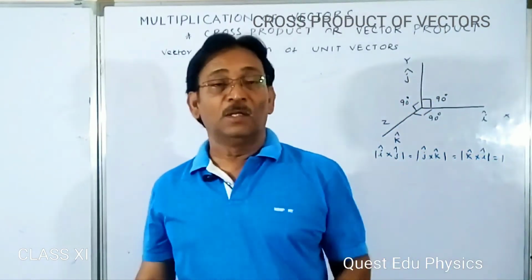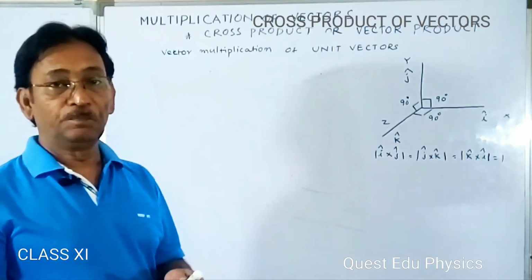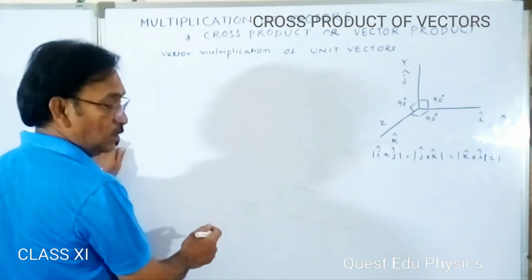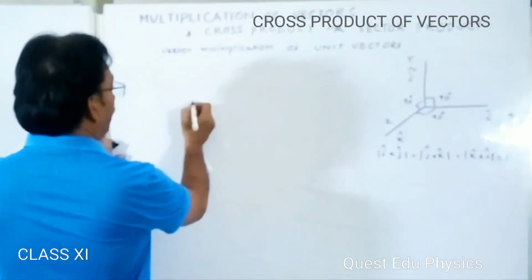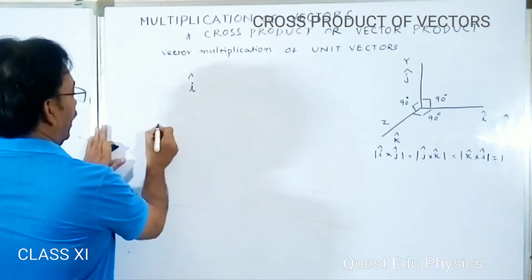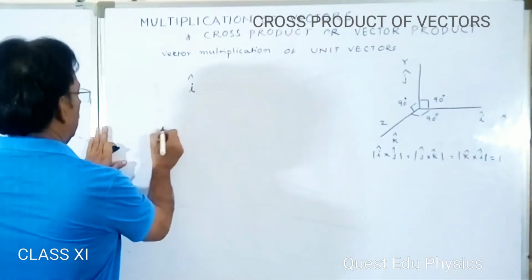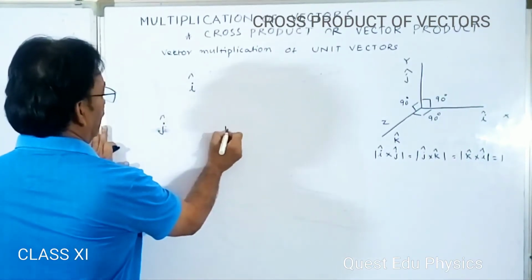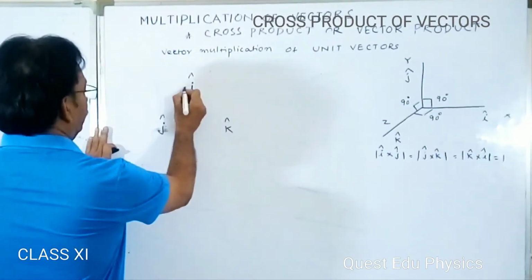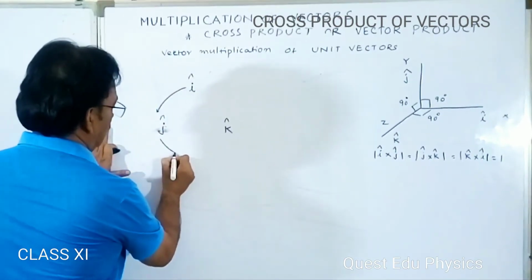Now we are doing the vector multiplication of unit vectors, and we will learn how to find the direction of that. To do so, I am taking three vectors: the unit vector i cap, one more vector j cap, and k cap. See, I'm taking a cyclic order.